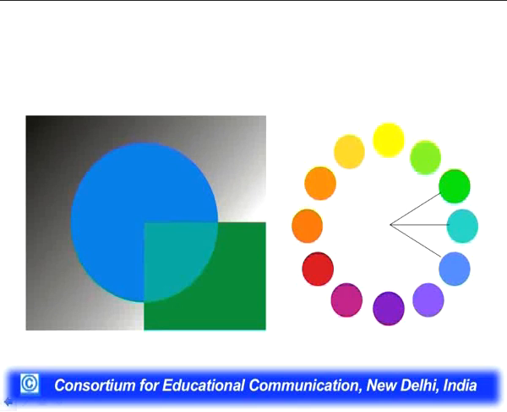Harmony comes from colors which all contain a bit of a particular color. That is why it is creating harmony. That is called a harmonious or analogous color scheme.